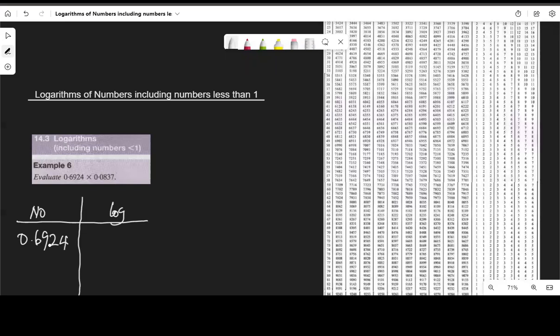0.6924. For numbers less than 1 like this, their characteristics are obtained by expressing the number in standard form. Then the power of 10 gives you the characteristic. So if I have 0.6924, if I'm to write this in standard form, that is 6.924 times 10 to the power of -1. -1 because I moved the decimal point one position towards the right hand side.